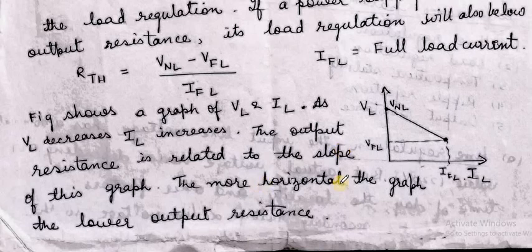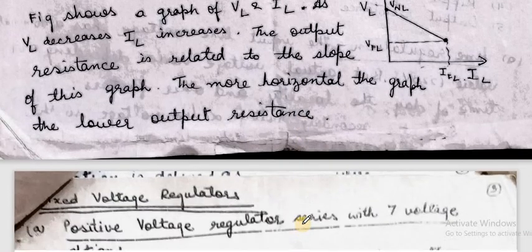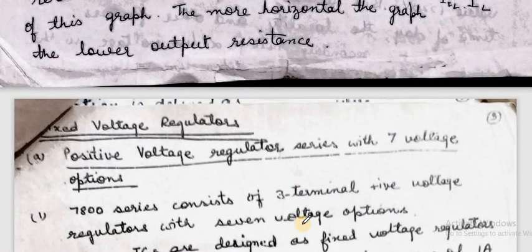The more horizontal the graph, the lower the output resistance, and in turn this leads to low load regulation and better performance of the power supply. So these are the 5 performance parameters that are necessary to be studied before using any power supply.